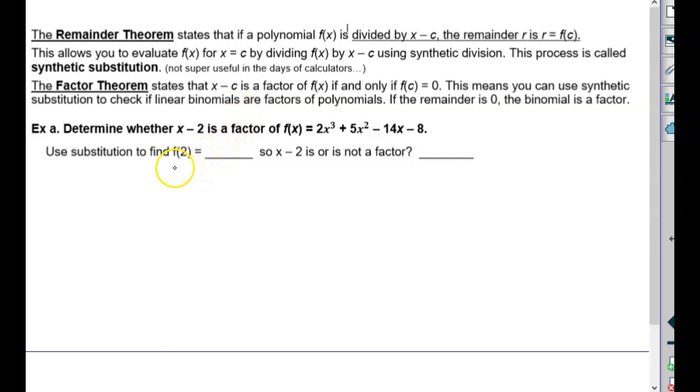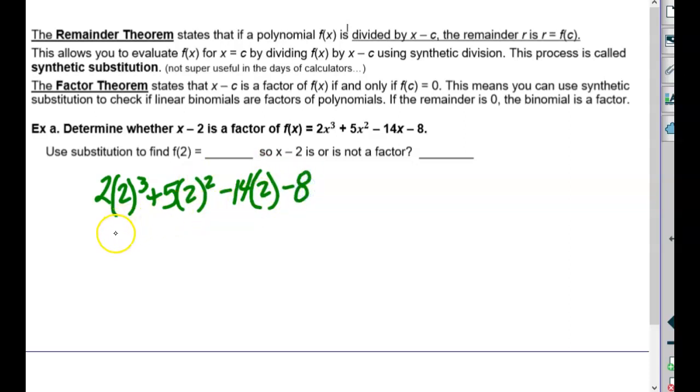So we are going to do f of 2 for this function real quick. 2 times 2 to the third plus 5 times 2 squared minus 14 times 2 minus 8. You'll be faster on your calculator, but I got 0. Did anybody else get 0?